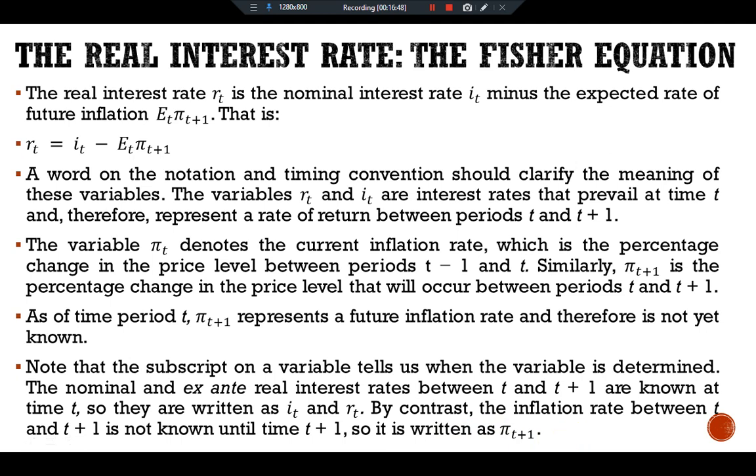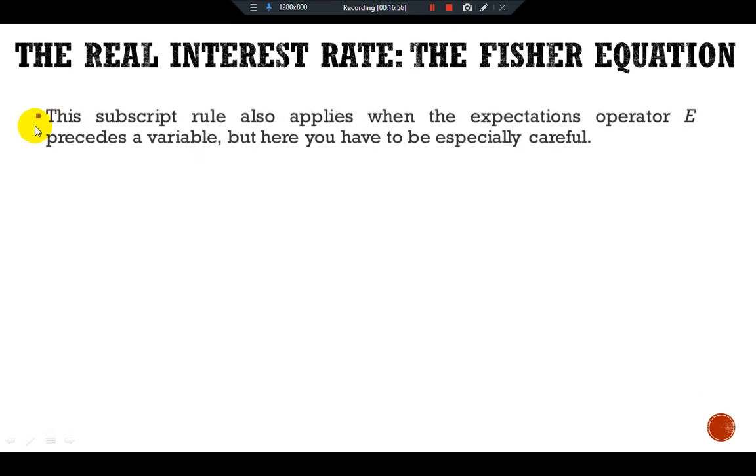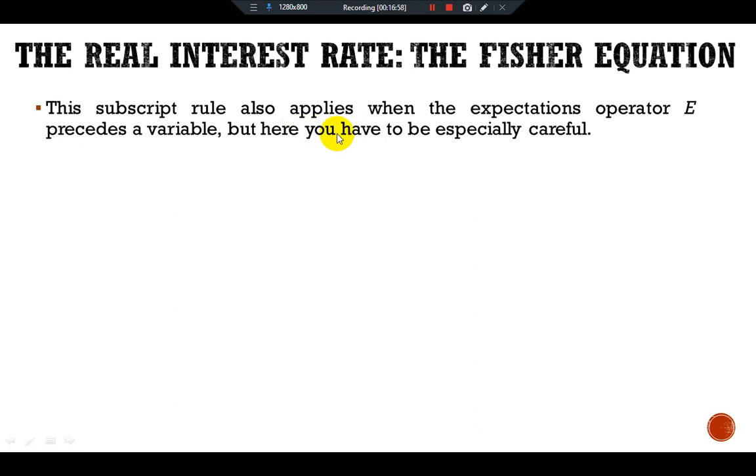Okay, moving toward the further discussion about the Fisher equation, the real interest rate. This subscript rule also applies when the expectation operator E precedes a variable, but here you have to be especially careful.